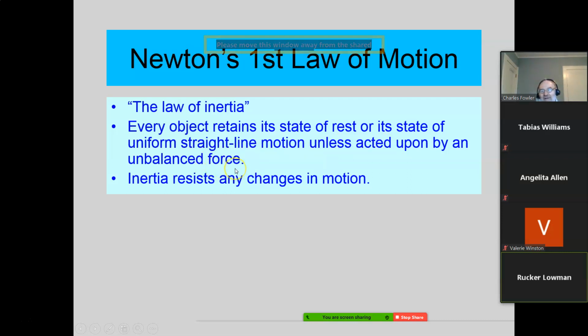There's the force there. As long as there's no unbalanced force, if it's at rest, it's going to sit there and stay there. If it's in motion, it's going to continue uniform straight line motion unless it's acted on by an unbalanced force. So let's give you a couple of examples of this.